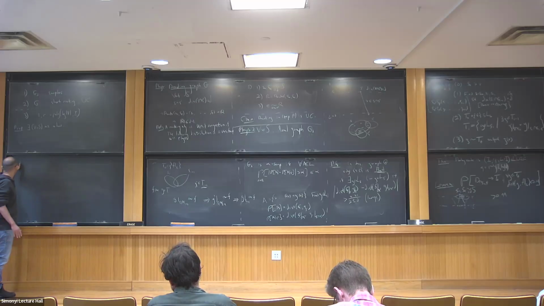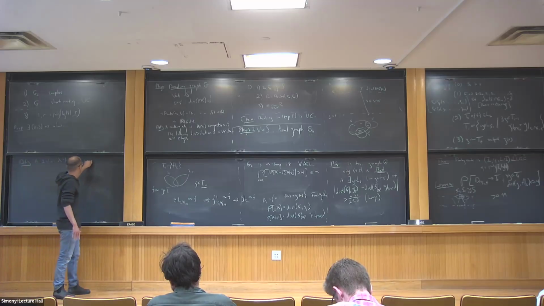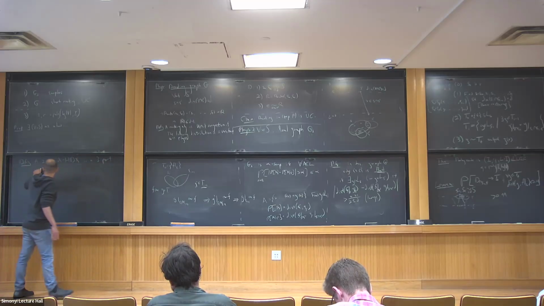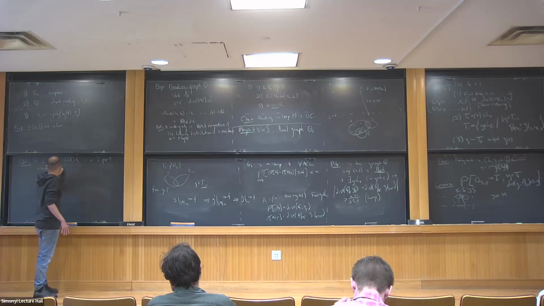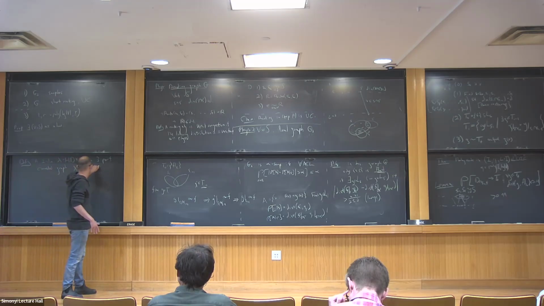So here's the definition. A 2-dimensional lambda high-dimensional expander is a 3-partite graph, I'll call it X because that's how it's usually called.